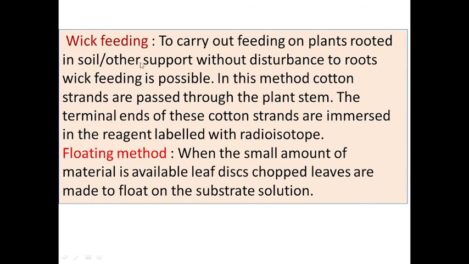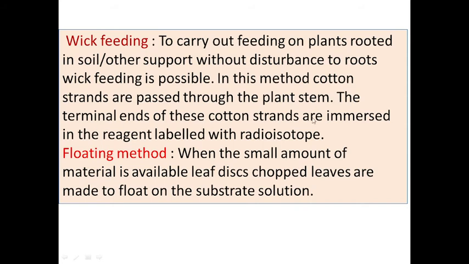Wick feeding method is used to carry out feeding on plants rooted in soil or other support without disturbance to the root. Here the roots are not disturbed, and in this method cotton strands are passed through the plant stem.